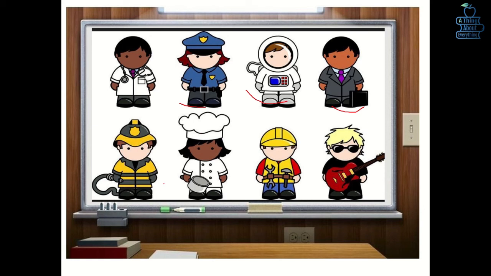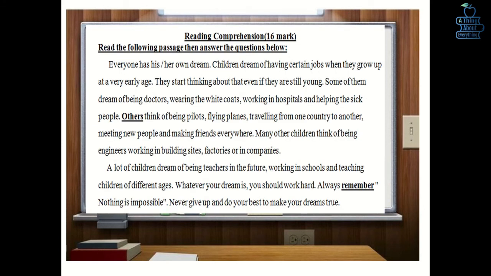This is a fireman, this is a cook, and this is a builder, and this is a musician or singer. Okay. Now I want you to stop the video and read the text, scanning the text for the keywords, understand it well, so that we can start answering the questions about it.